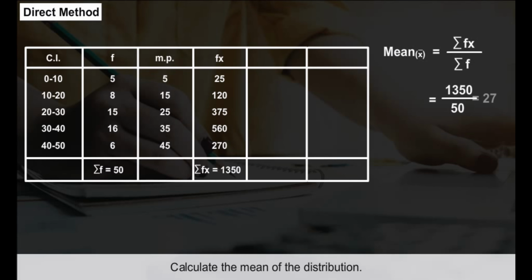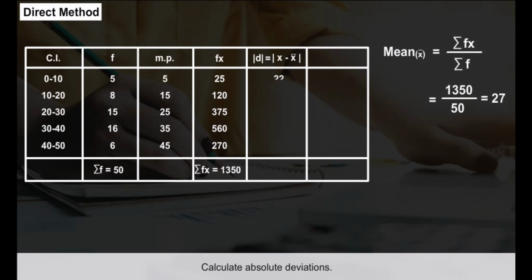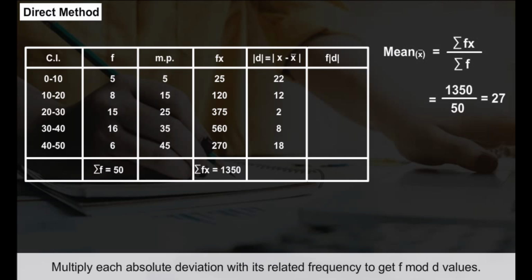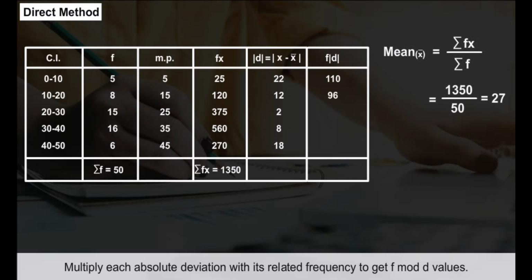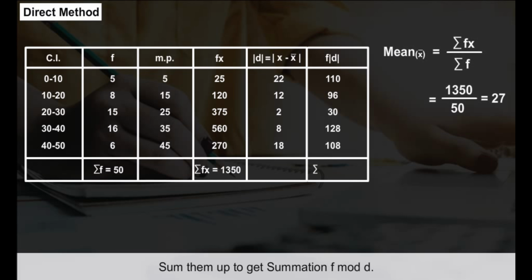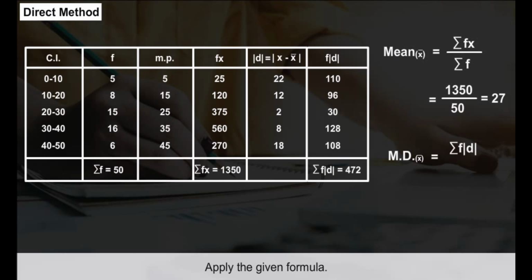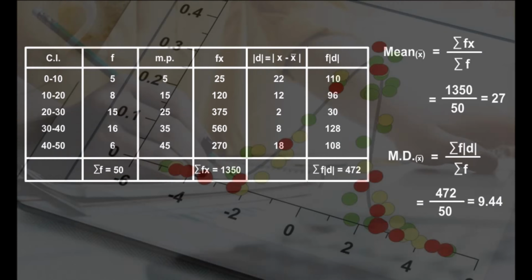Calculate the mean of the distribution. Calculate absolute deviations. Multiply each absolute deviation with its related frequency to get f|D| values. Sum them up to get summation f|D|. Apply the given formula. Mean deviation about x bar is equal to summation f|D| upon summation f.